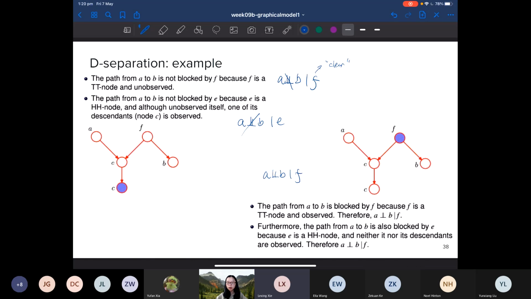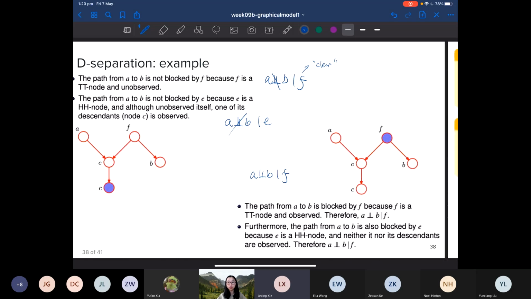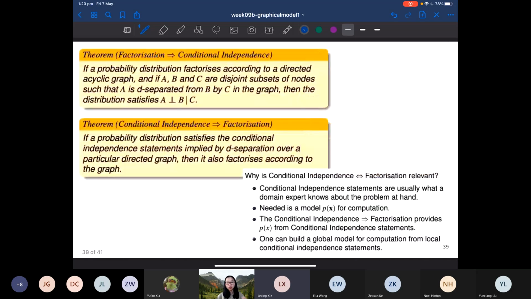Furthermore, the path from A to B is also blocked by E, which is a head-to-head node, and its descendant is also unobserved. So observing F and not observing C changes the conditional d-separation property.